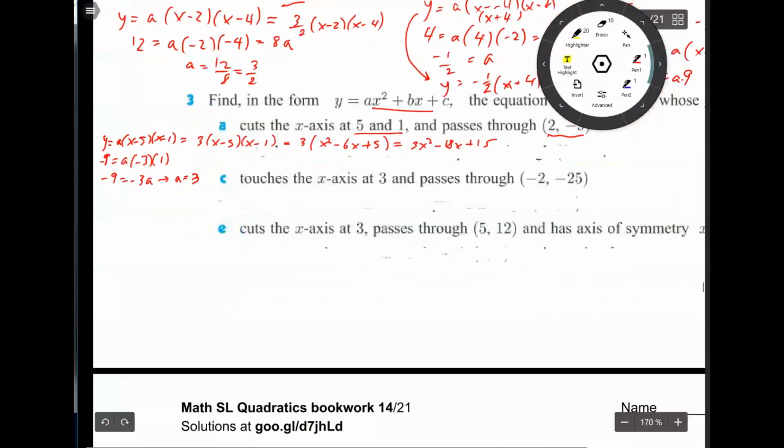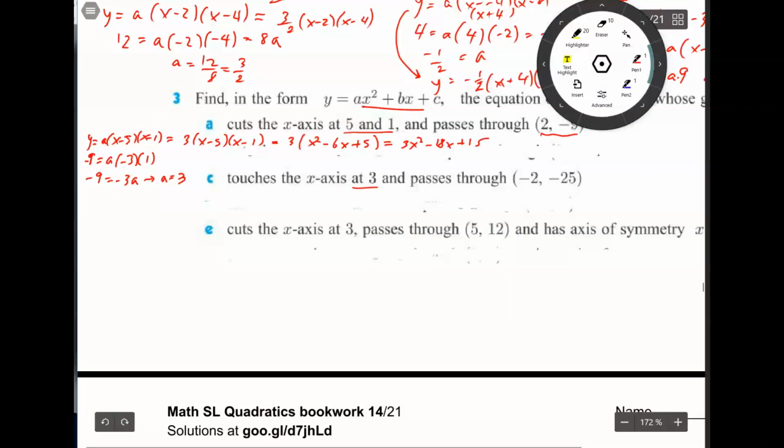We're going to find a quadratic which touches the x-axis at 3, which means the vertex is at 3, 0, and passes through negative 2, negative 25. So we could write it initially as y equals a times, and then we'll put it in vertex form, x minus 3 squared plus 0. And then we are going to find what a is by substituting x equals negative 2 and y equals negative 25. So we'll put negative 25 equals a times negative 2 minus 3 squared.